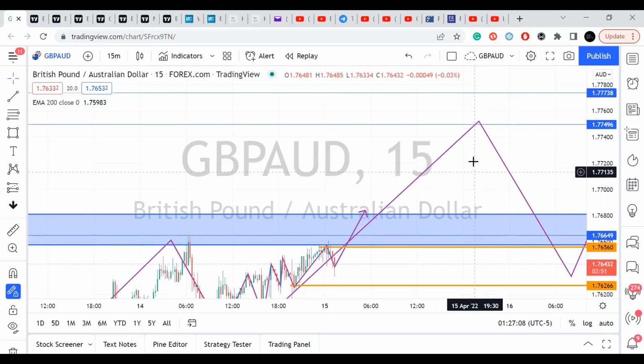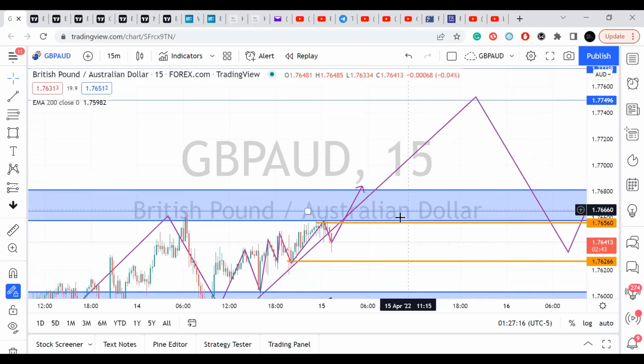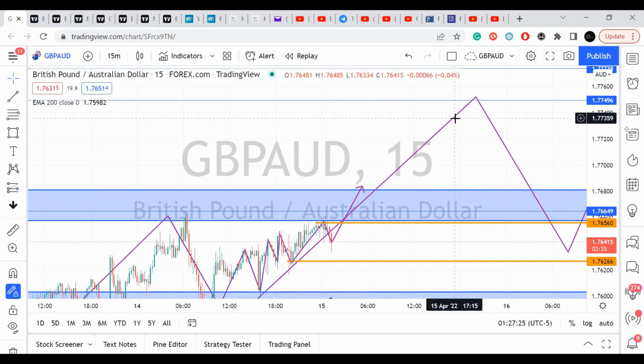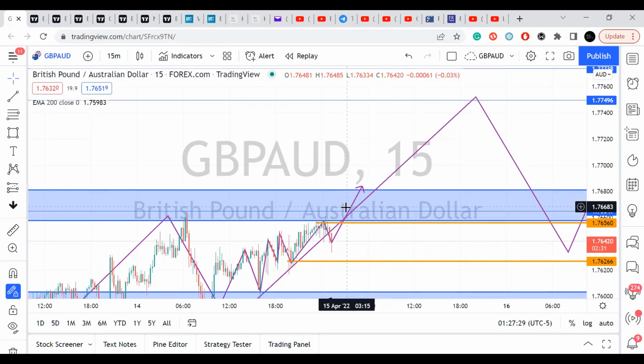So I will wait for it. When it starts dropping, then I will catch the sell to here. So I just pray this thing will break out of here. Once it breaks out, I will set my stop loss here. Whatever happens the whole of today, no problem. I will just break even.